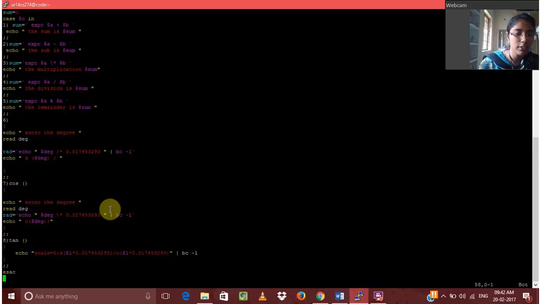Next is cos as well. Next is the tan operation, which uses scale. Scale gives how many decimal places to read, and tan is sine divided by cos.